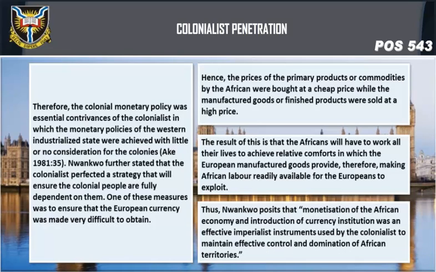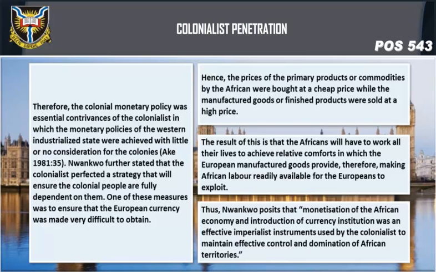Therefore, the colonial monetary policy was an essential contrivance of the colonialists, in which the monetary policies of the Western industrialized states were achieved with little or no consideration for the colonies (Ake, 1981, 1-35). Nwankwo further stated that the colonialists perfected a strategy that would ensure the colonial people are fully dependent on them.